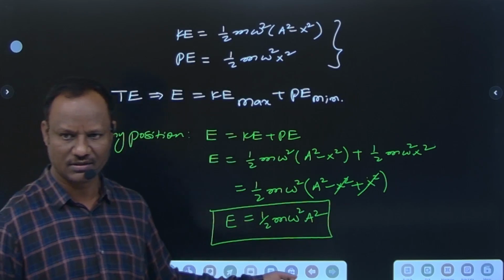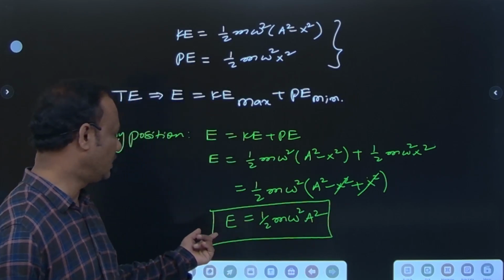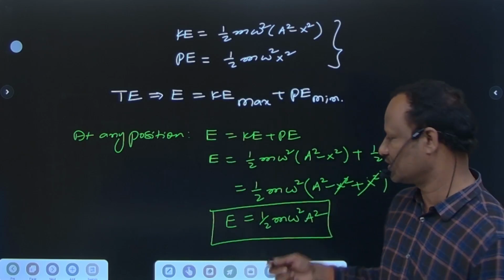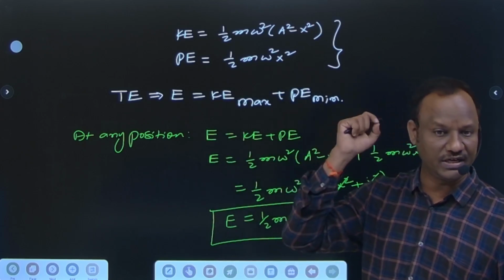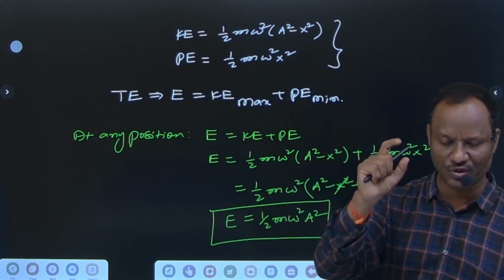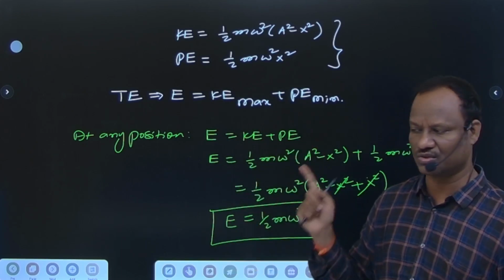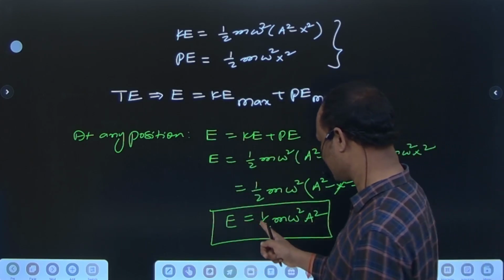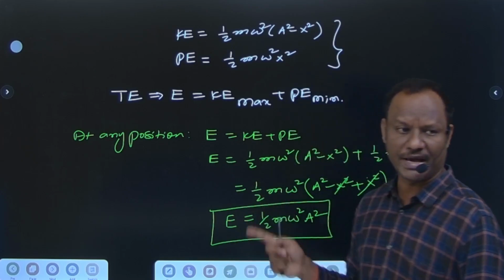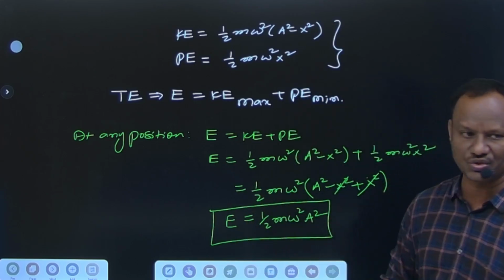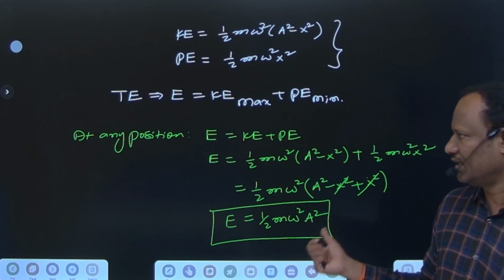Have you got it? Before, what did we get? Total mechanical energy is equal to, what is the formula? Half m omega square a square. Even at any position, the sum of energies must be the same. So always maximum kinetic energy, maximum potential energy is equal to total energy, that is equal to half m omega square a square.